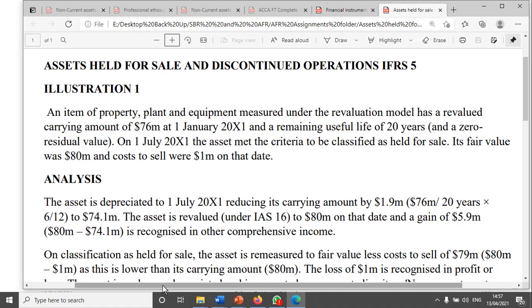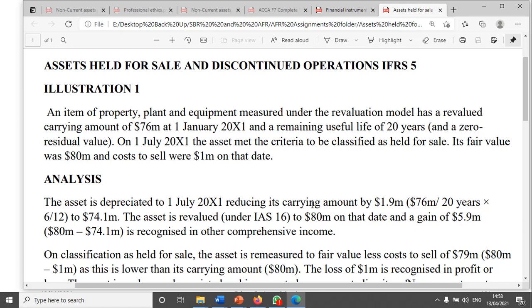After 6 months, we need to drop the 76 million by a half-year depreciation. Initially, the carrying amount of the asset was 76. We divide that by 20, and then multiply by 6 over 12. We get 1.9.